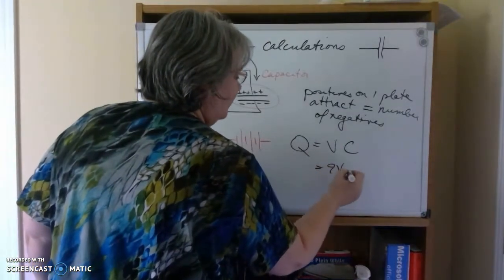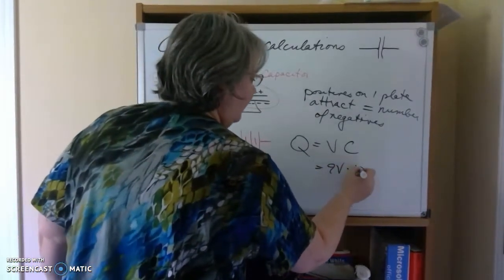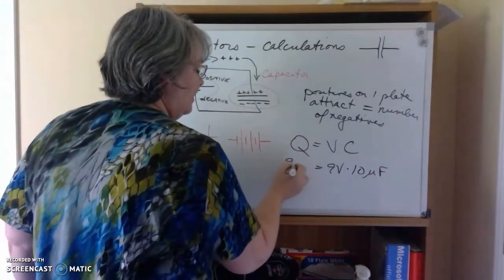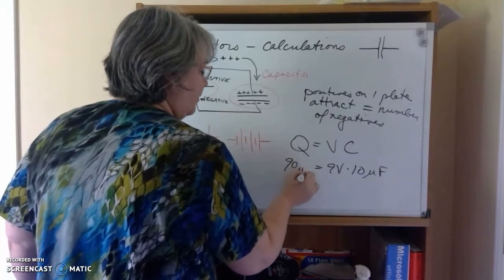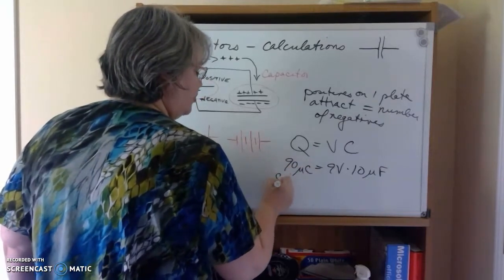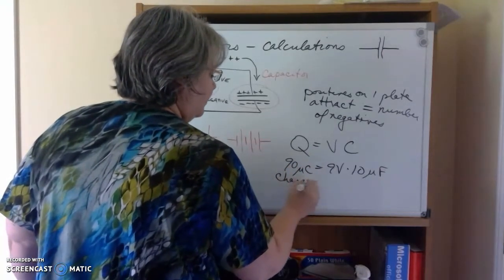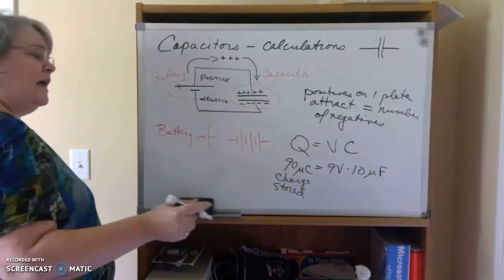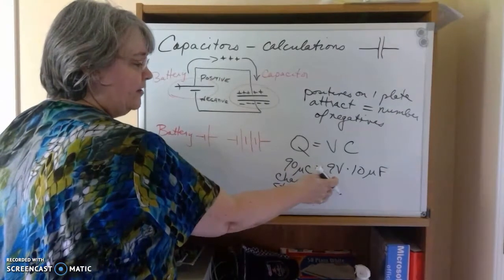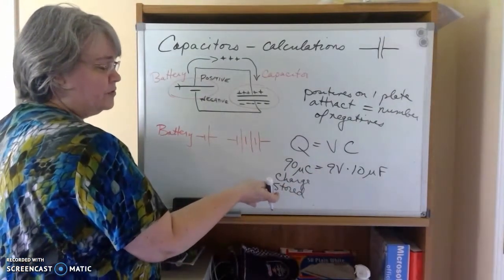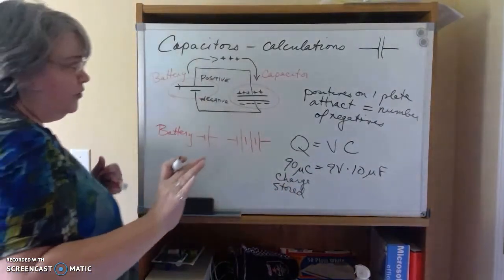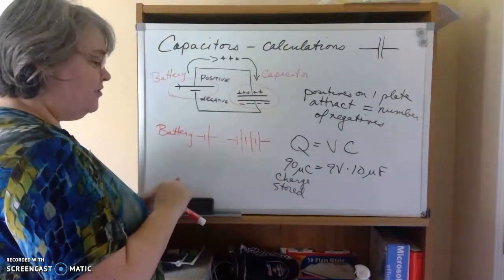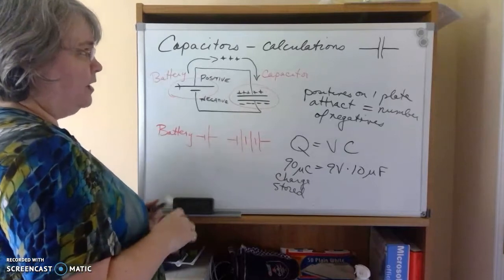A 9-volt battery onto a 10 microfarad capacitor, I get 90 microcoulombs of charge stored. Okay, if I only put a 6-volt battery on there, I would only get 60 microcoulombs stored. So we're using the voltage difference to push charges into the capacitor.